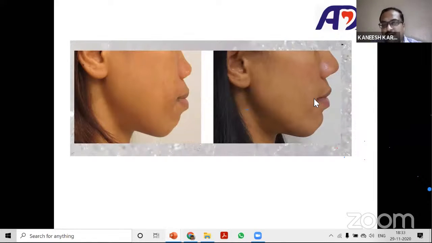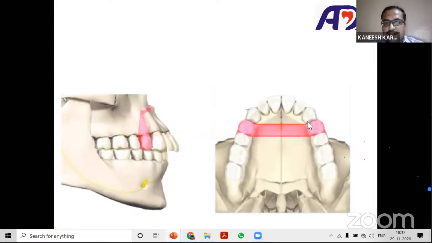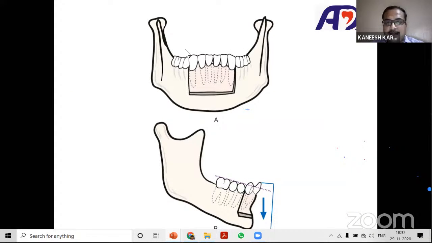So this is after surgery. What we do, we extract both the premolars, and we do something called the AMO, anterior maxillary osteotomy. We cut through the anterior maxilla and position it back. This is for the maxilla. For the mandible, we extract the first premolar and we do something called a subapical osteotomy. Okay, we push the mandible back.